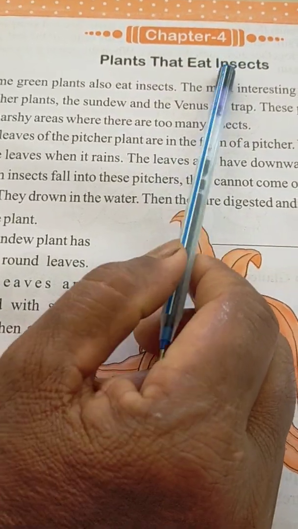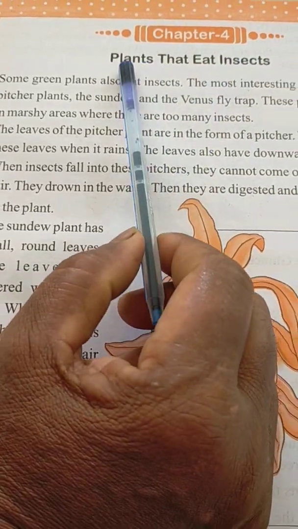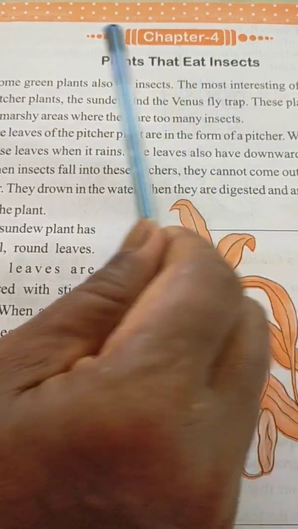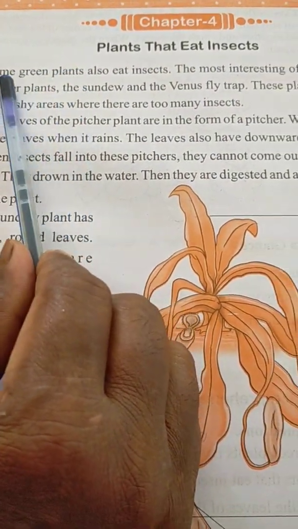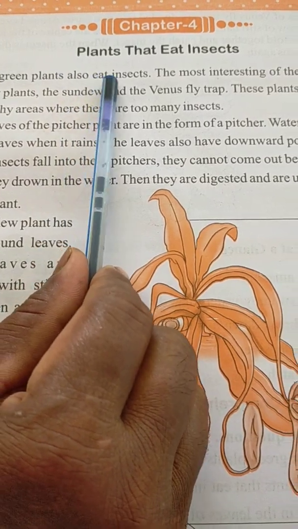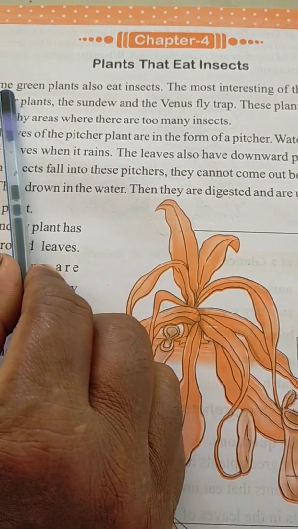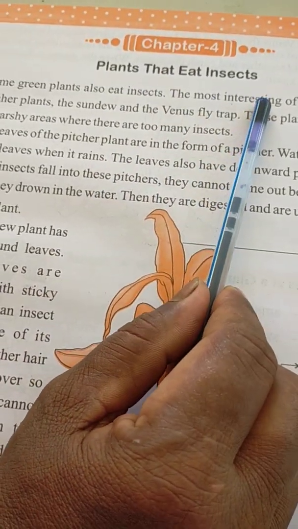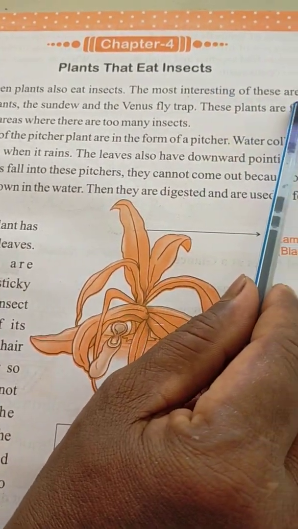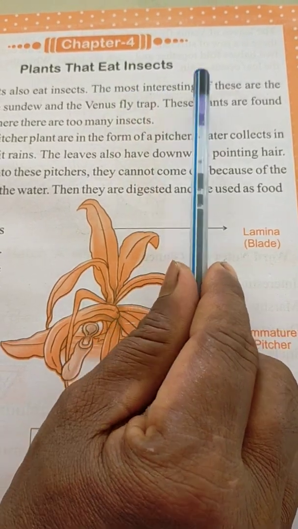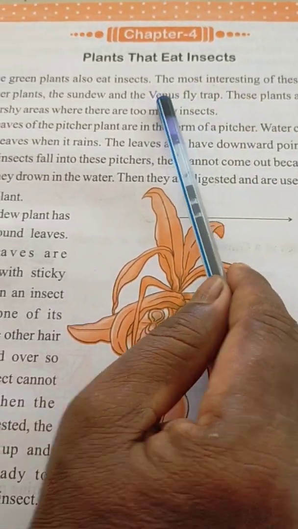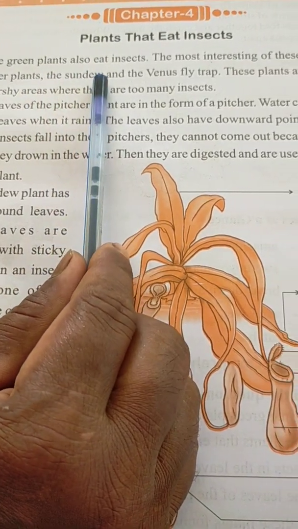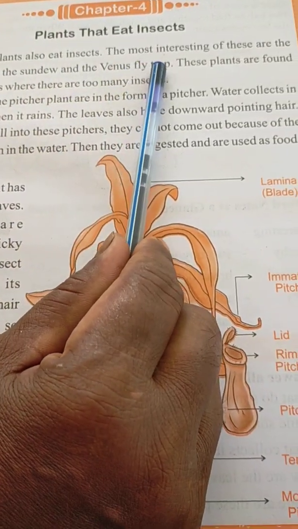Chapter 4. Plants That Eat Insects. Some green plants also eat insects. The most interesting of these are the pitcher plants, the sundew and the Venus flytrap.